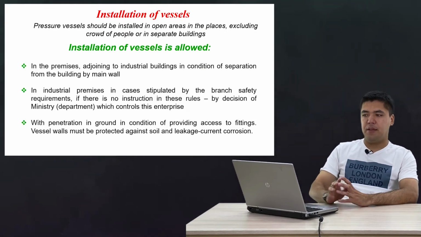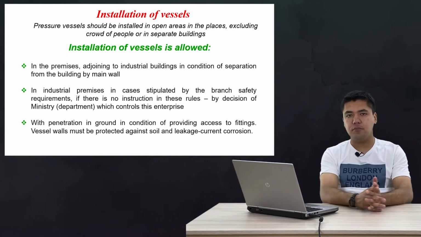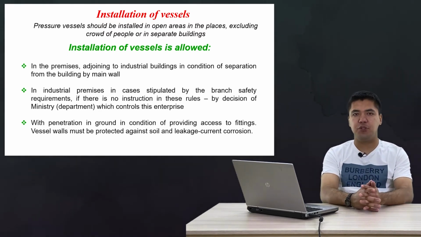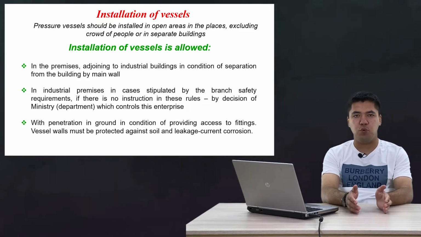The next topic is installation of vessels, and we are going to speak about construction requirements. How do we need to install vessels? Speaking about installation of vessels, we need to know that vessels shall be installed at a place where the contact with people and the environment will be minimum.